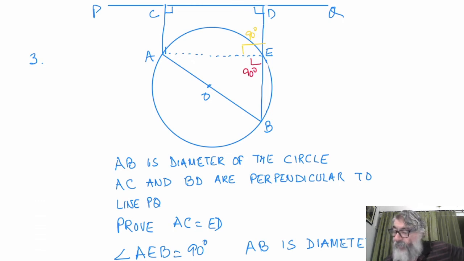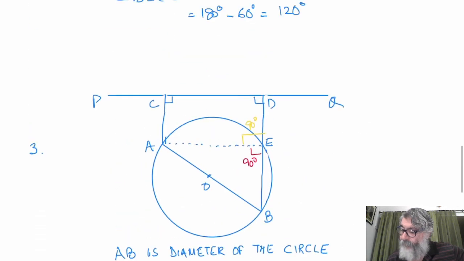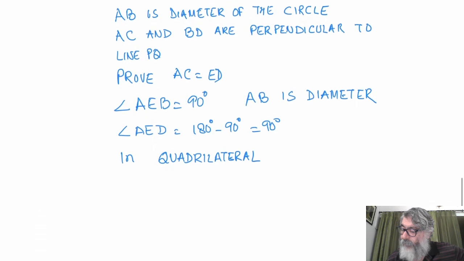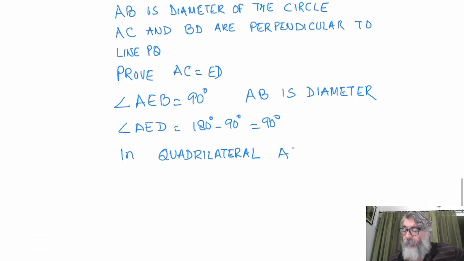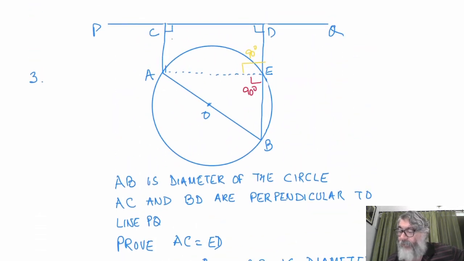Now just see the figure AEDC. In quadrilateral AEDC, now all three angles are 90 degrees. Angle C is 90 given, angle D is 90 given, angle E is 90.